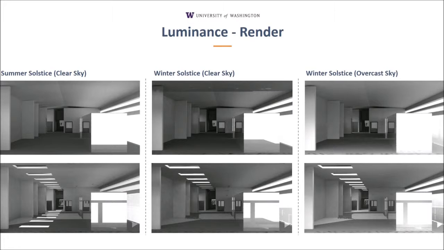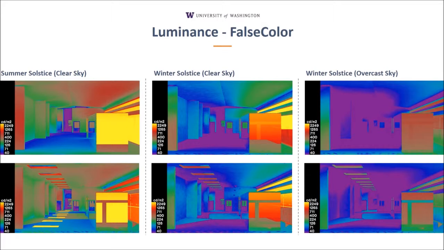With the aspect of luminance, we can have the render figure, and then we can convert those images into false color. One can easily realize that the originally way too dark spaces become brighter due to the added skylights, and the originally overlit spaces become more desirable because of the extra shading devices.